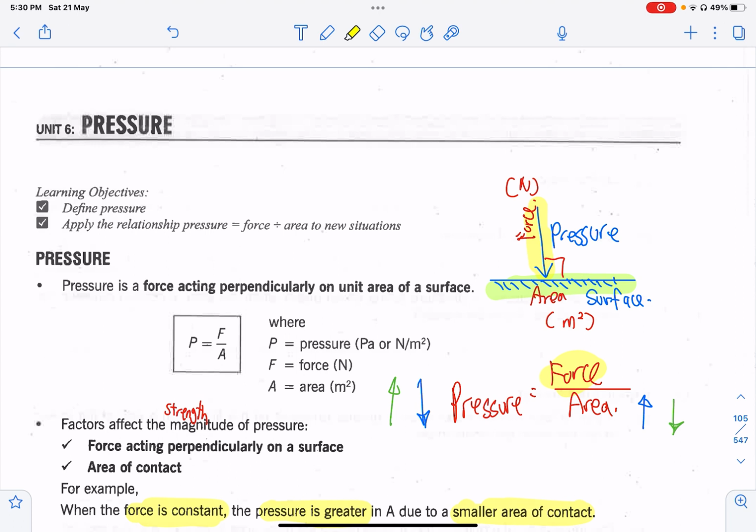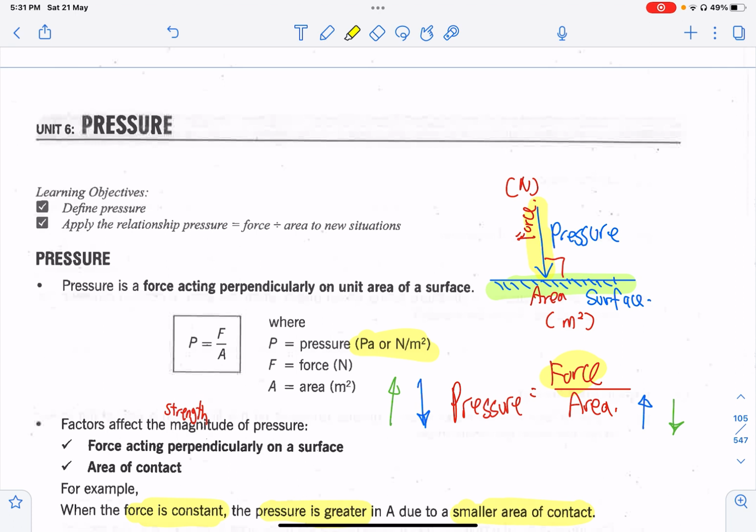Now, one very important thing that we need to know is the formula and the units of pressure. Having a standardized unit will determine what other relevant units need to be converted for your calculation.